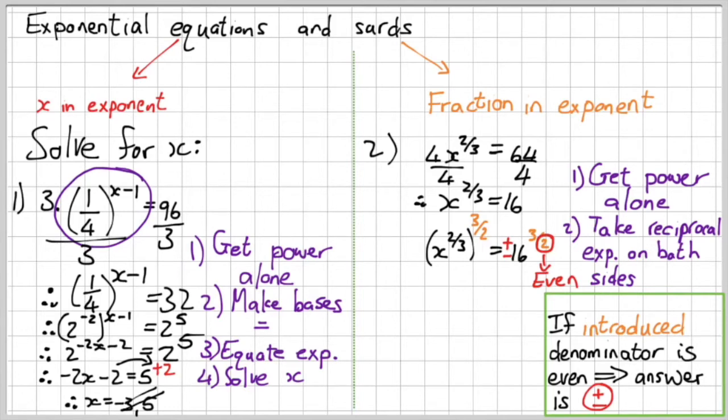The reason is that by taking an even power denominator, I'm actually bringing in square roots, fourth power roots, sixth, eighth, 10th power roots, which means that I have two possible answers, a positive answer and a negative. If it was over 3, it would be a cubic root, which does not need a plus minus.